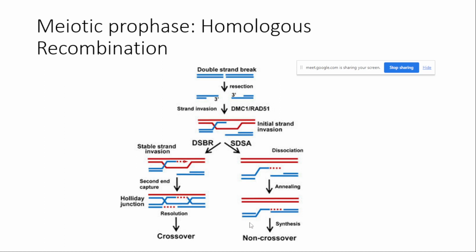Yes. And sir, does DSBR form the Holliday junction, the X-like structure? Yeah, that is the Holliday junction, and there should be resolution of the structure, right? Otherwise this shape will be permanent here. So you need to do the resolution here.